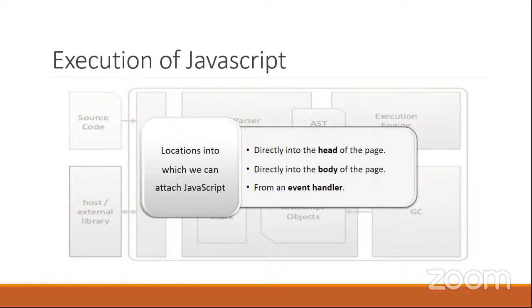So there are three ways we can attach it: one is the header part, another is the body part, the body tag, and the third is with the event handlers. These are the three ways we can execute JavaScript.